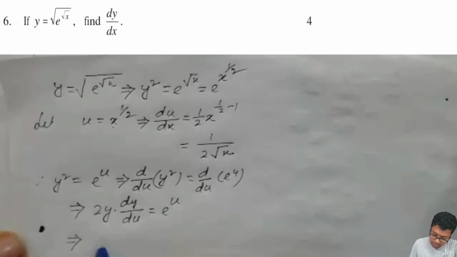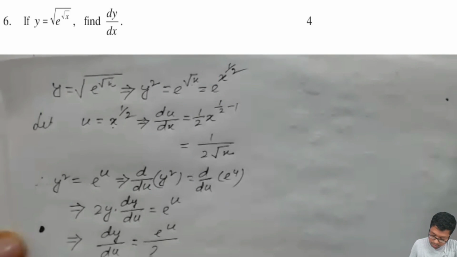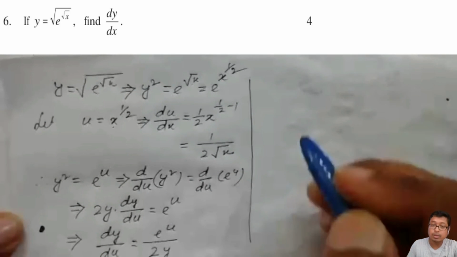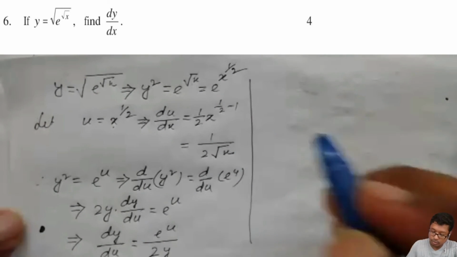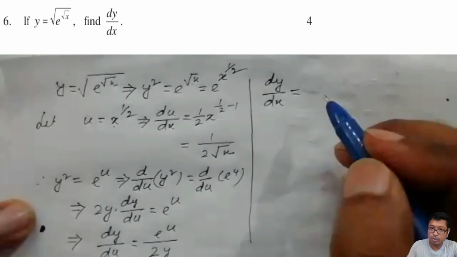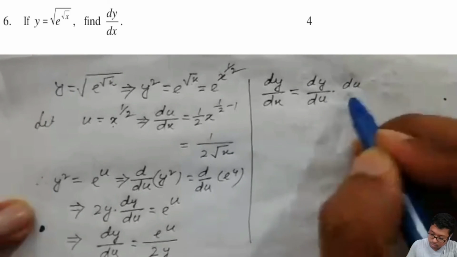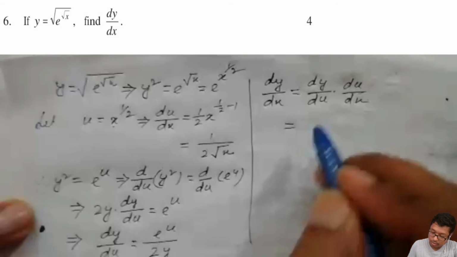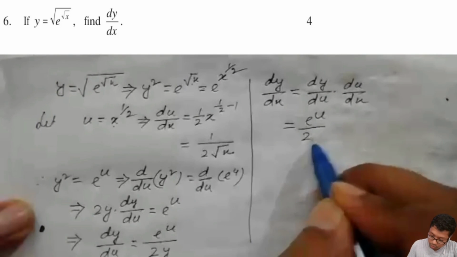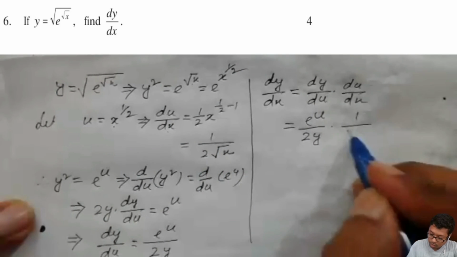So this implies dy/du is equal to e to the power u divided by 2y. Okay, but we are asked to calculate dy/dx. Therefore dy/dx, if I use the chain rule here, will be dy/du times du/dx. Just substitute dy/du as e to the power u divided by 2y, into du/dx, which is 1 by 2 square root of x.